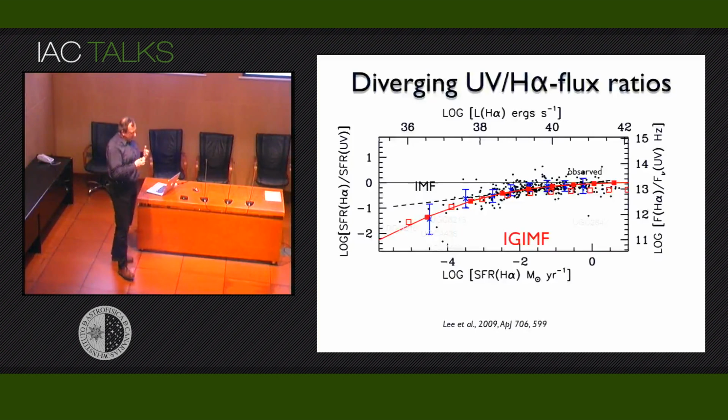They had a large sample of H-alpha observations of galaxies, and they calculated the star formation rate from the H-alpha and the UV, and divided both these values for each galaxy. If the IMF is universal and constant, there shouldn't be a difference between the star formation rate measured by the UV and the star formation rate measured by the H-alpha. And this is a straight line. For galaxies with high star formation rates, this seems to be quite well reproduced.